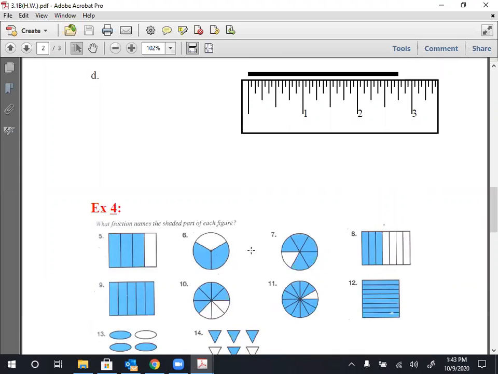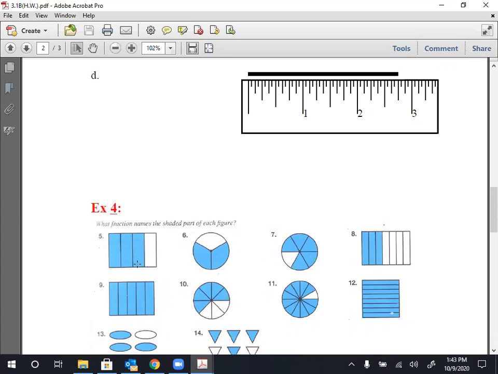Number example 4. Okay, so you have to count. Look at number 5. Look at the picture of the rectangle, the big rectangle, right? How many pieces are in it?